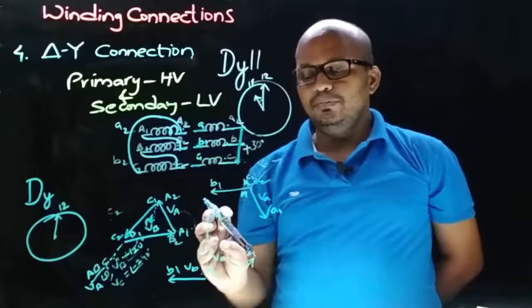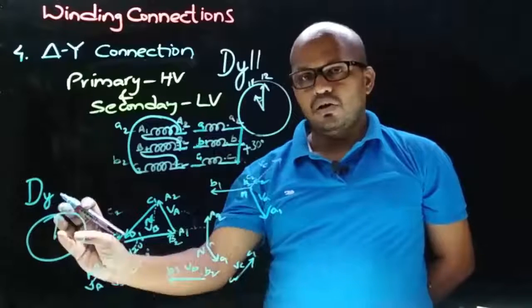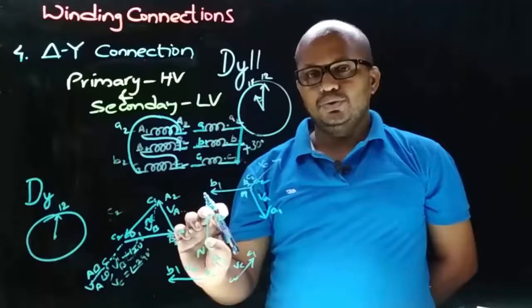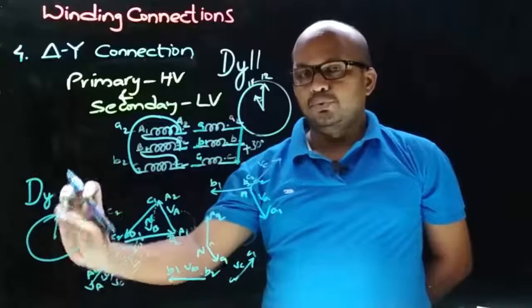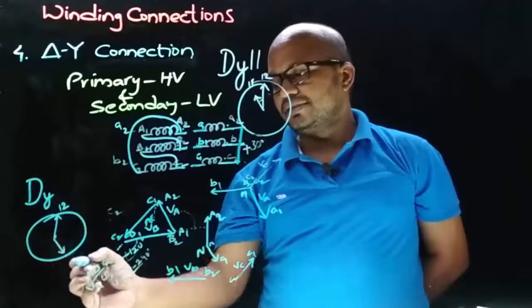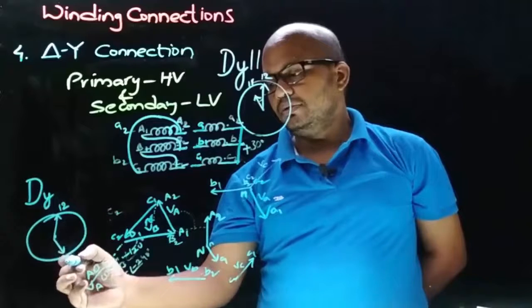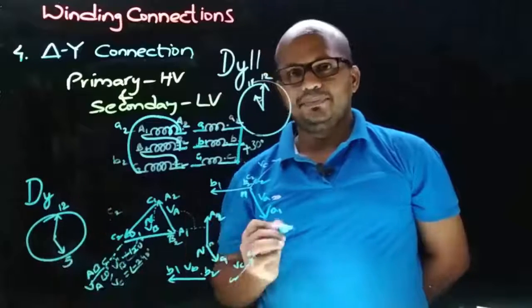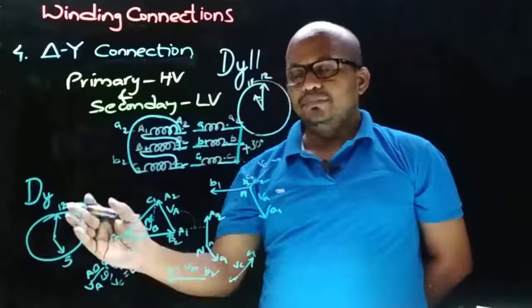Now if you place this diagram in the clock such that the phase to neutral voltage points towards 12, then the diagram will look like this. So the hour needle will be pointing towards 5, which indicates 5 o'clock.